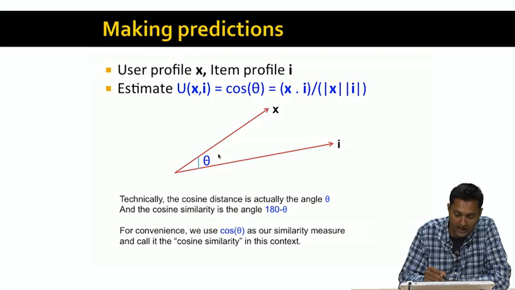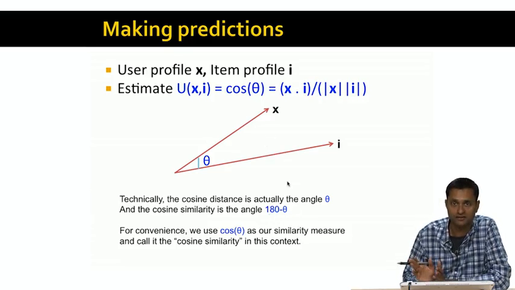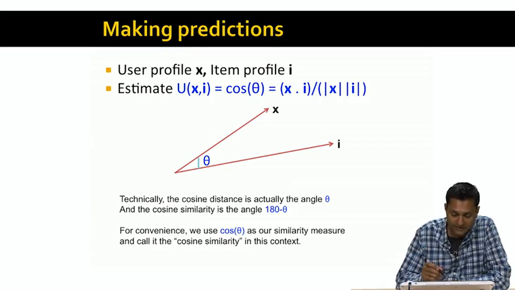Now, the smaller the angle, the more similar the user x and the item i are, and therefore the similarity 180 minus theta is going to be larger. But for convenience, we're going to actually use the cosine of theta as our similarity measure.